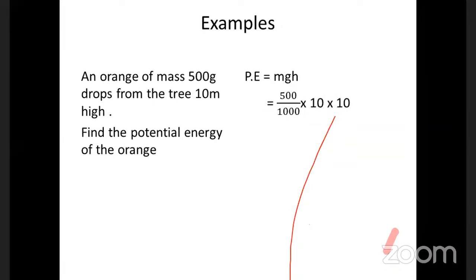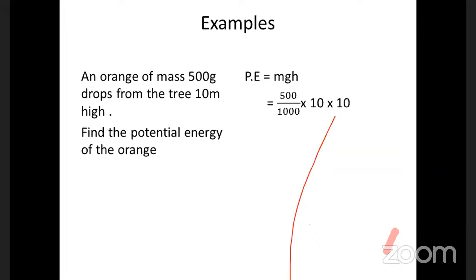This is now the step of substitution. As we are substituting, we have changed the 500 grams to kilograms, because in 1 kilogram, how many grams are there? 1,000 grams.